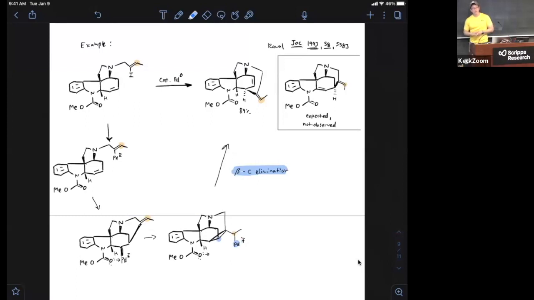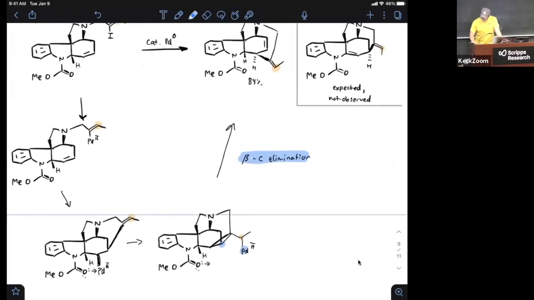So in some of Scott Snyder's chemistry, including his quat carbon guided retrosynthetic analysis paper, they're able to engage the cyclopropane with an oxygen-based nucleophile to turn on chemistry that wouldn't be possible if there wasn't a cyclopropane.